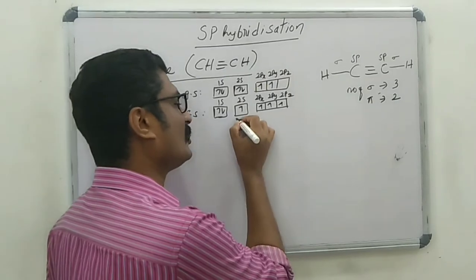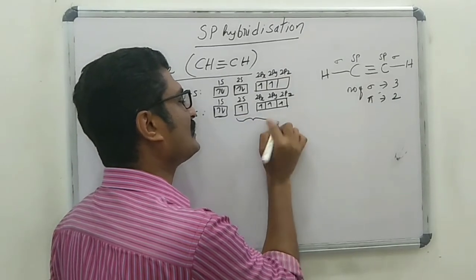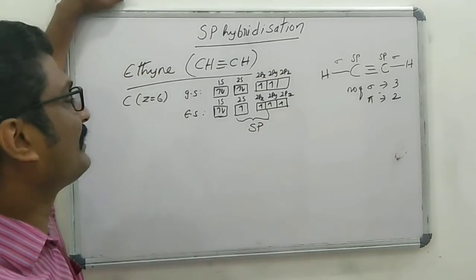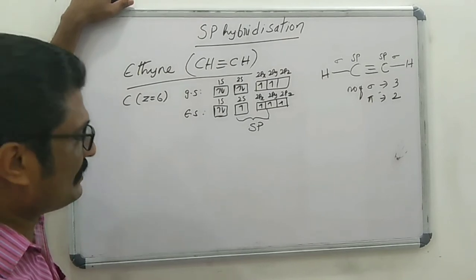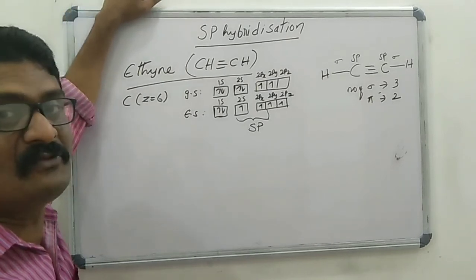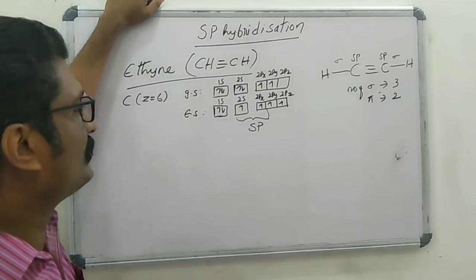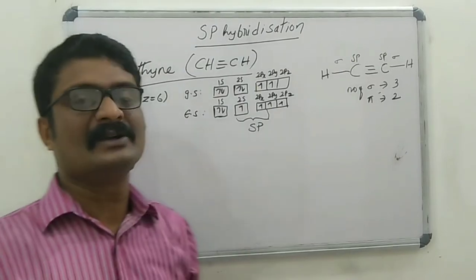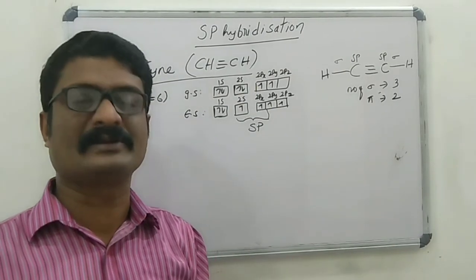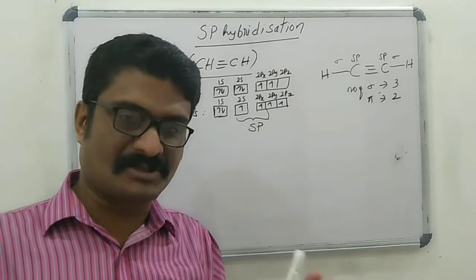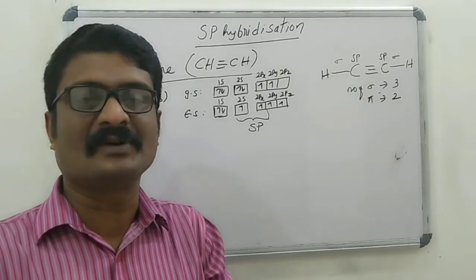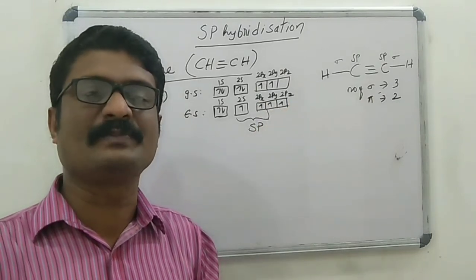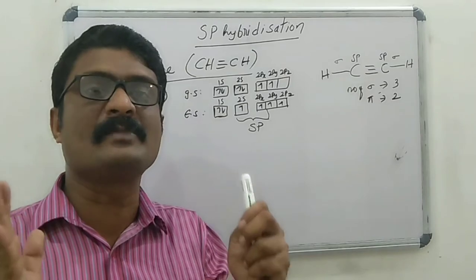By the intermixing of one half-filled 2s and one half-filled 2px orbital. Two sp hybrid orbitals are formed, and the 2py and 2pz atomic orbitals are not involved in the process of hybridization. Hence these two p orbitals, 2py and 2pz orbitals, are termed unhybridized orbitals.